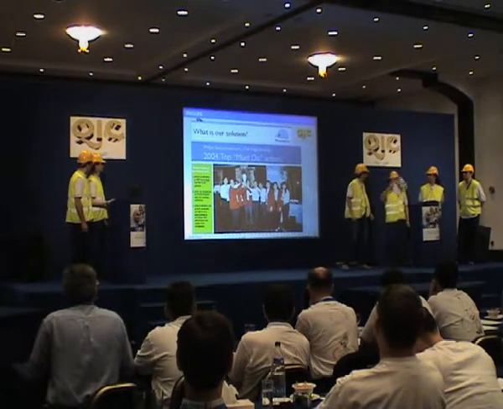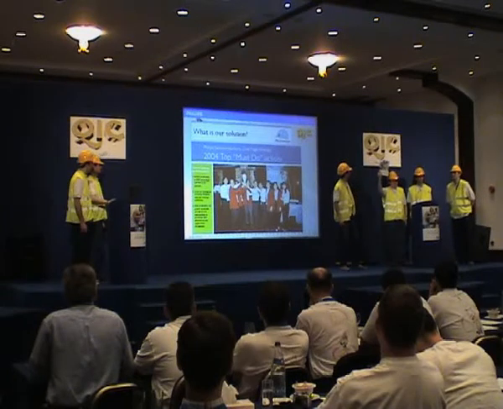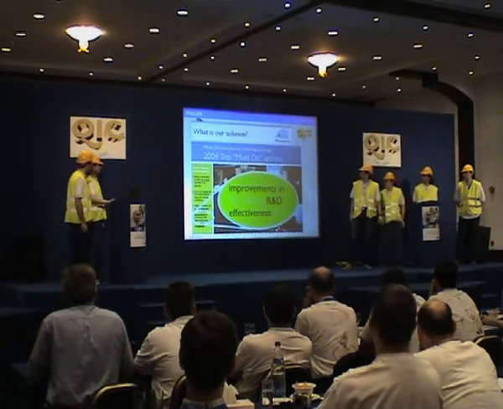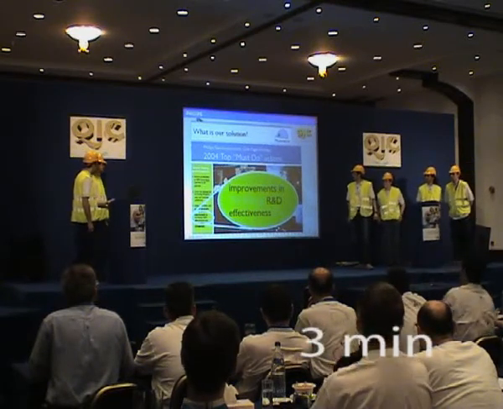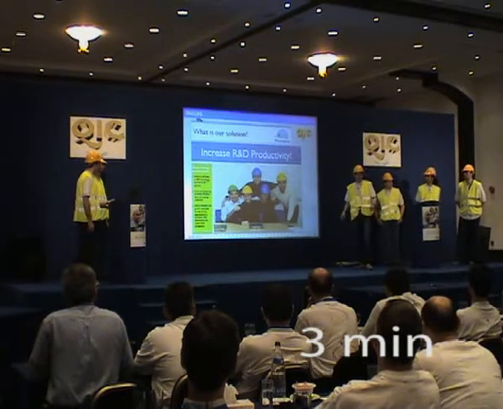So what is our solution? We found it in this year's QIC brochure, where we found under the must-do actions for 2004 that we need to improve the R&D effectiveness. And that's why we are here, the Release Builders.